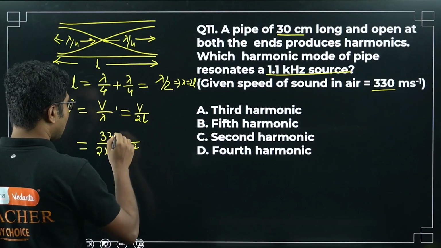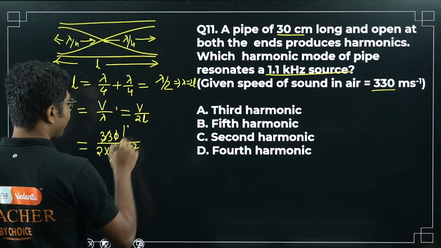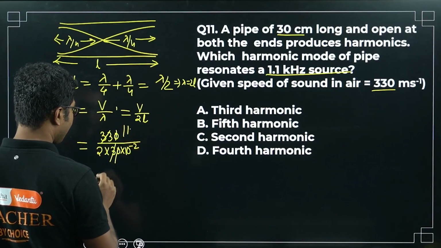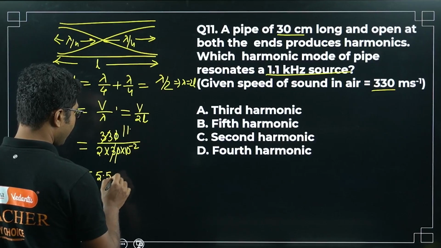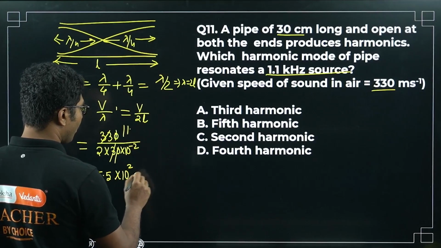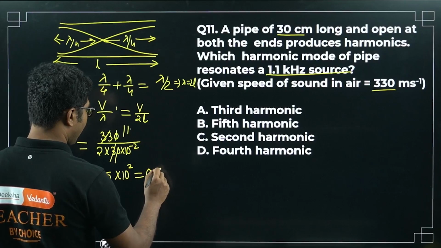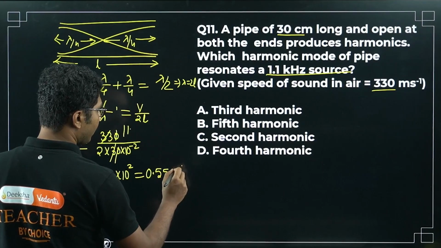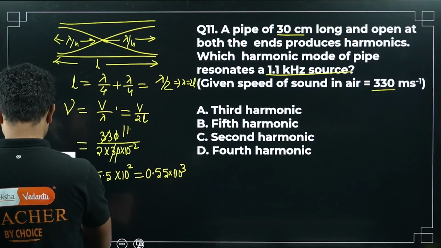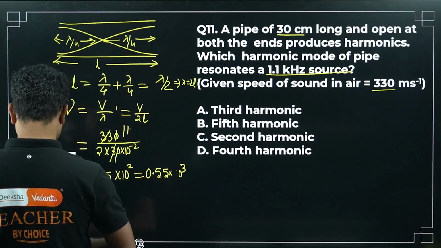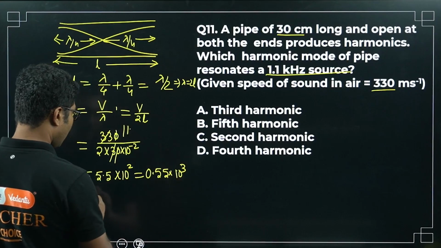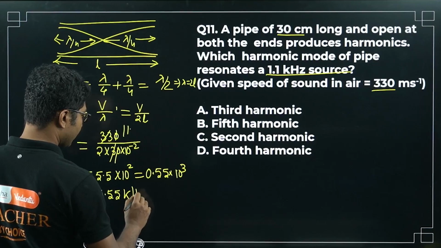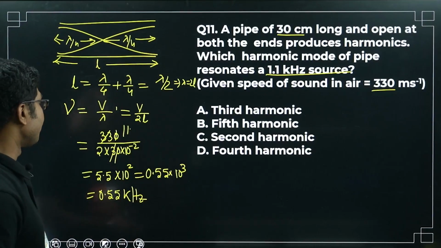So let's cut this 11, or if you take this on the other side, it will be 5.5 times 10 to the power of 2, or 0.55 into 10 to the power of 3, or 0.55 kilohertz. Okay, so this is the fundamental frequency.